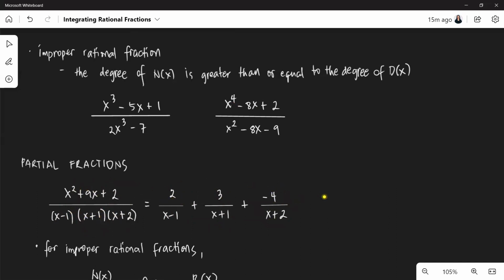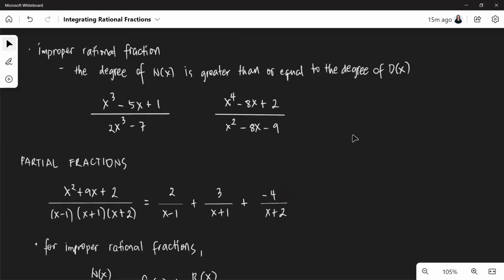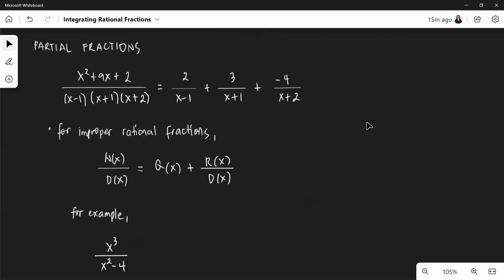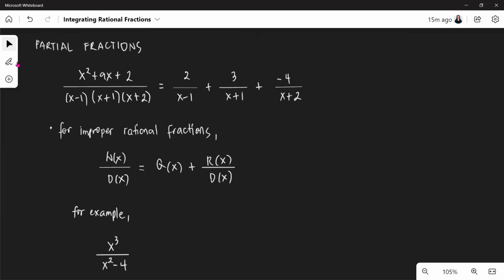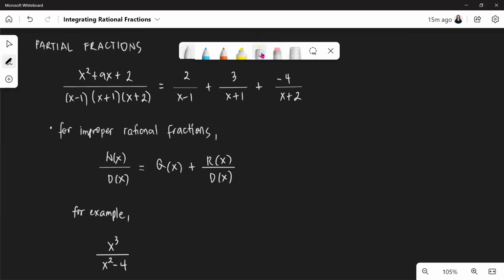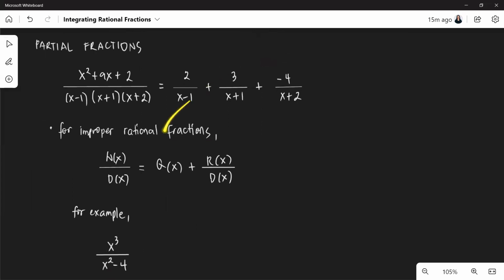For improper rational fractions, since it's improper, the degree of the numerator is greater than or equal to the degree of the denominator. We need to express it as a quotient plus a remainder.